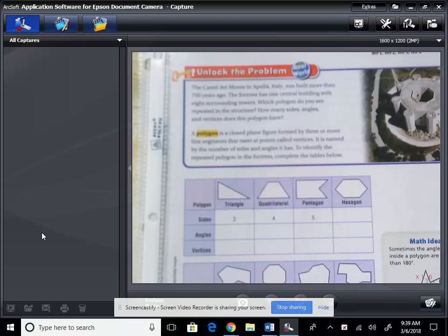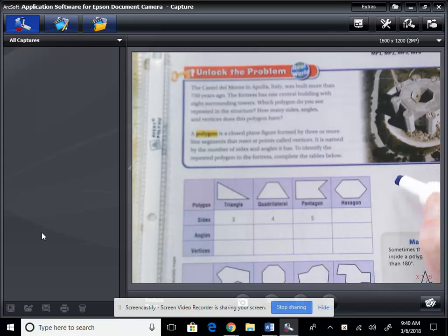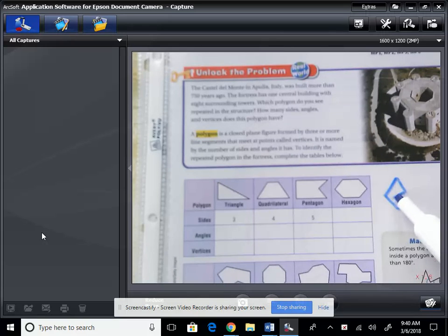Okay, so first of all, I would like you to do an example in your notes. A polygon is any shape. I don't care what kind of shape it is, but it has to be closed, and it also has to have straight lines.